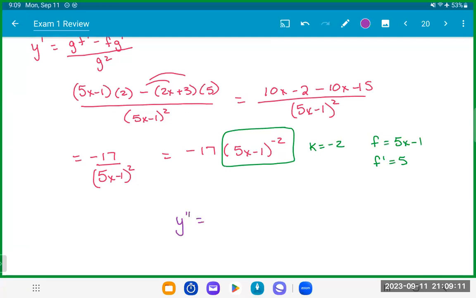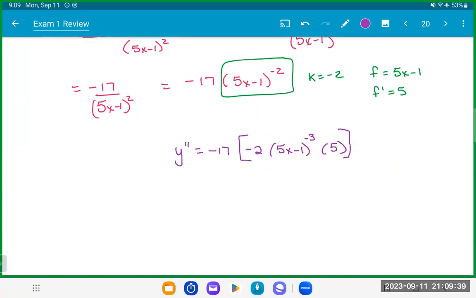Okay, so when I'm looking at my second derivative, it's going to be this negative 17, we're just going to leave that be. My k, which is negative 2, times my function, 5x minus 1, to the k minus 1, so negative 2 minus 1 is negative 3. And the derivative of my function is 5.